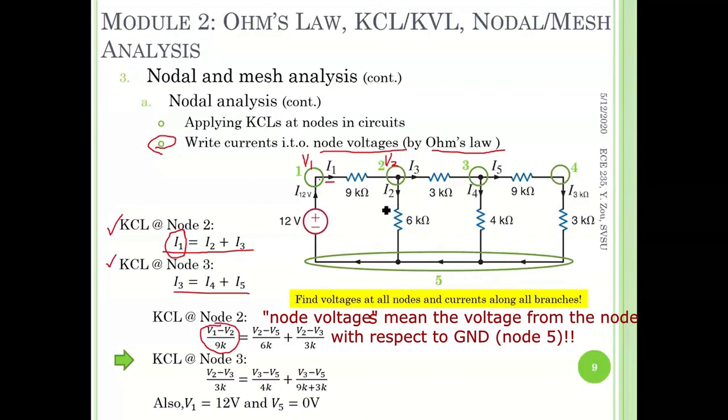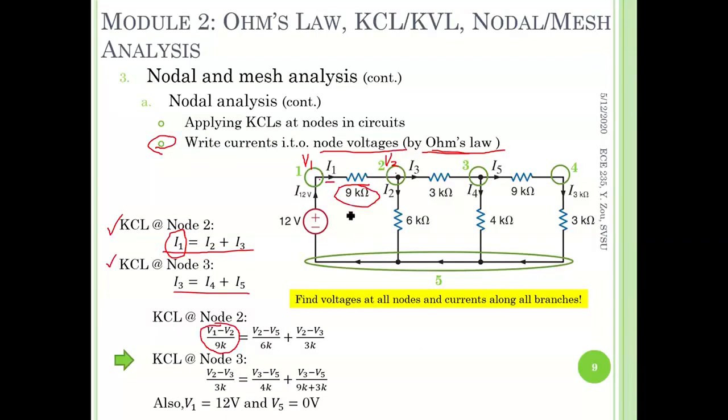Of course, we are assuming at node 1 the voltage is V1, at node 2 the voltage is V2. And we are seeing a resistor here, which we can apply Ohm's law on. So obviously, V1 minus V2 divided by the resistance 9 kilo ohm equals I1. This is nothing but Ohm's law again.